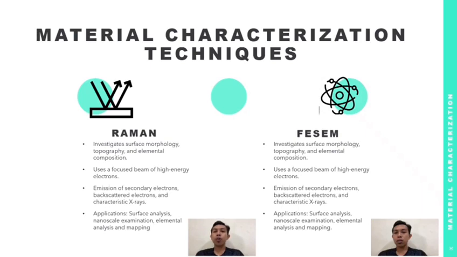The Raman spectrum contains peaks that correspond to specific molecular vibrations, enabling the identification of functional groups and the characterization of crystal structure. Raman spectroscopy finds application in analysis of organic and inorganic materials, polymer materials, and biological samples.